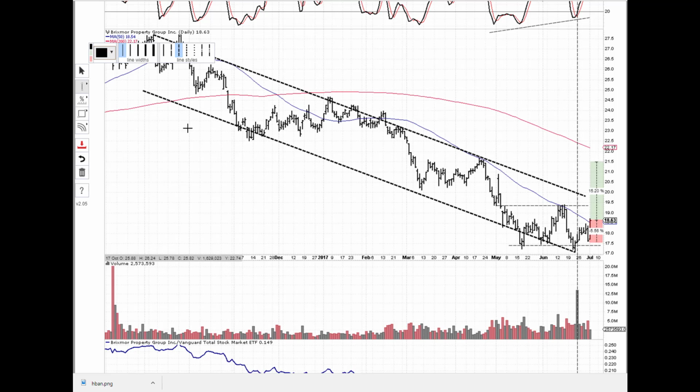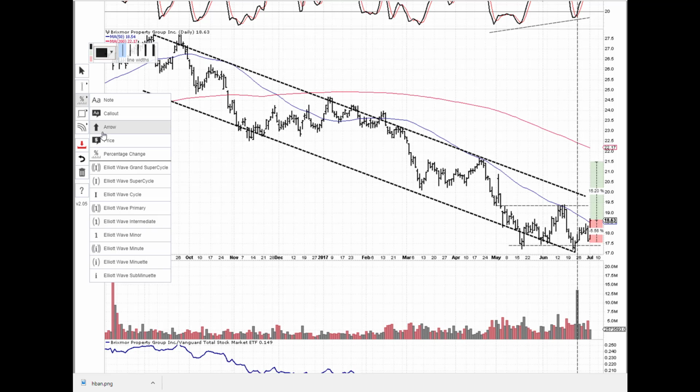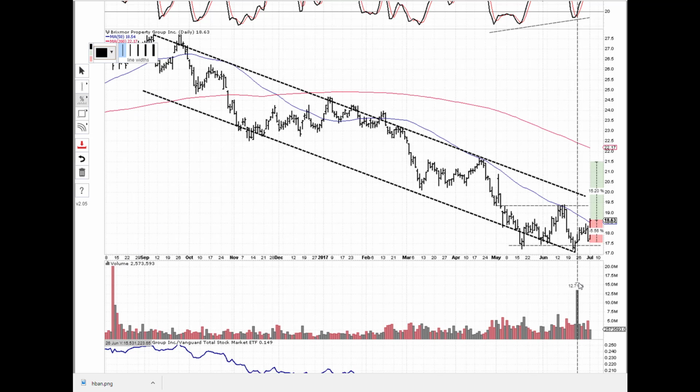I don't like the price spread, right? So if you look at the price spread that's present on the session that's associated with the climactic buying, it's a very narrow price spread. So I think that's a warning sign, but whatever. I'm not going to pass judgment on it.